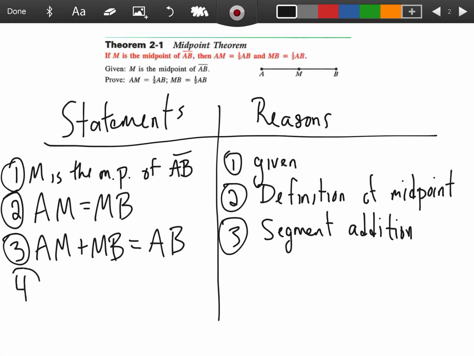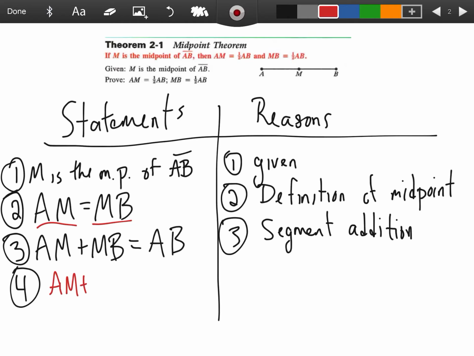All right, our next step. I'm trying to get it to say AM equals 1/2 AB and MB equals 1/2 AB. What I can do here is, since I know AM is equal to MB, substitute one in for the other. I'll substitute AM in for MB.